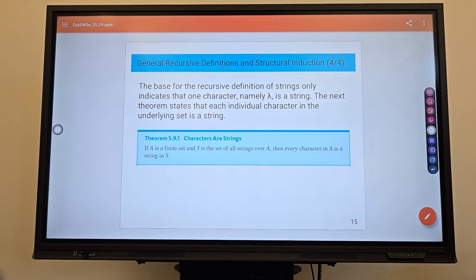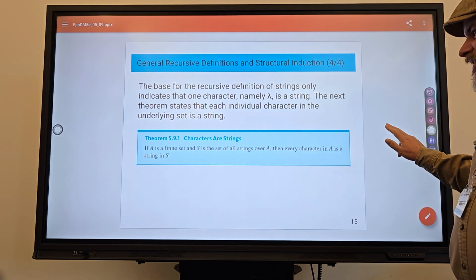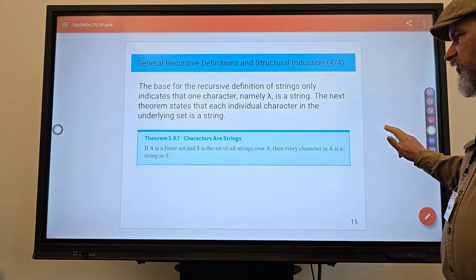The base for the recursive definition of strings only indicates that one string, namely lambda, is a string. The next theorem states that each individual character in this underlying set is a string. If A is a finite set and S is the set of all strings over A, then every character in A is a string in S. So each character is its own string.